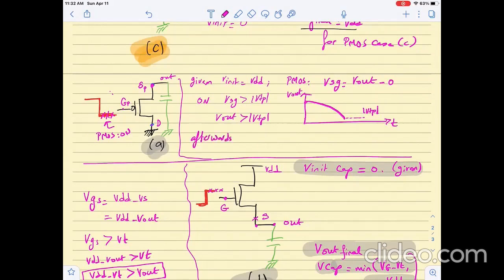Afterwards the PMOS will be off, and therefore the V final for the capacitor will be equal to the magnitude of VTP in this scenario, and the V initial will be equal to VDD.